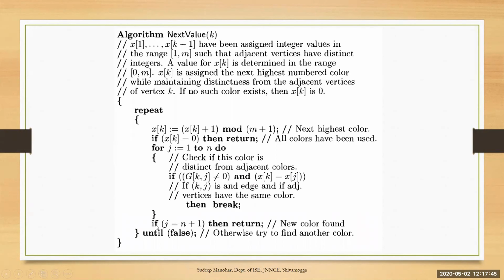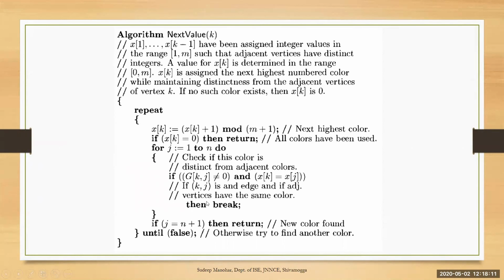After breaking the for loop, it checks the if condition: if j is equal to n plus 1. If j has reached all the n vertices, it has checked with 1, with 2, with 3, with 4 also, and the for loop has become false, then it comes to the if statement.